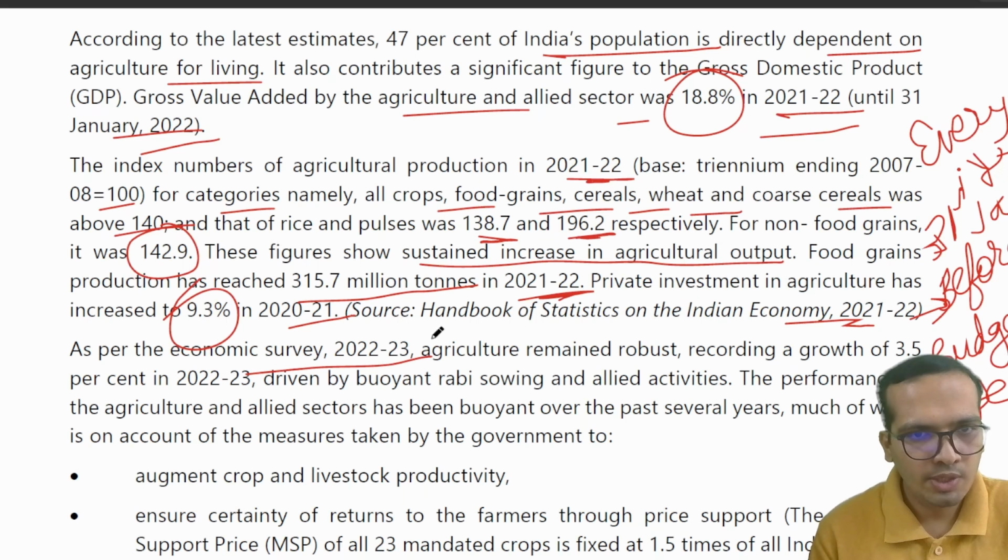As per the Economic Survey 2022-23, agriculture remained robust, recording a growth of 3.5% in 22-23, driven by buoyant rabi sowing and allied activities.